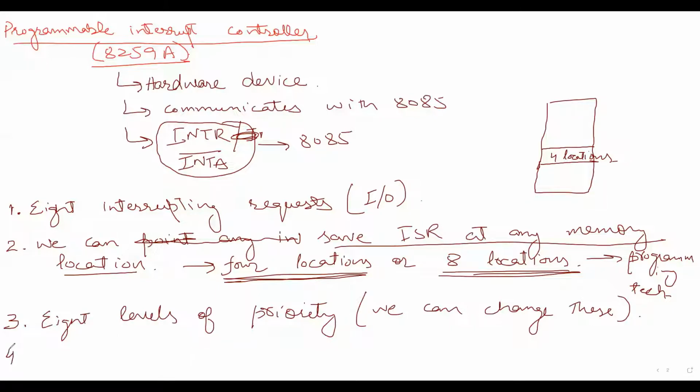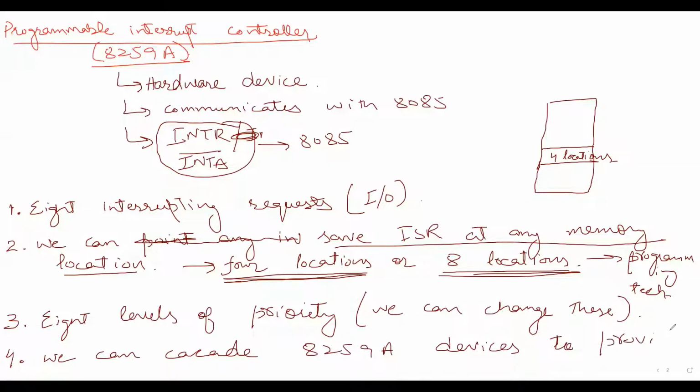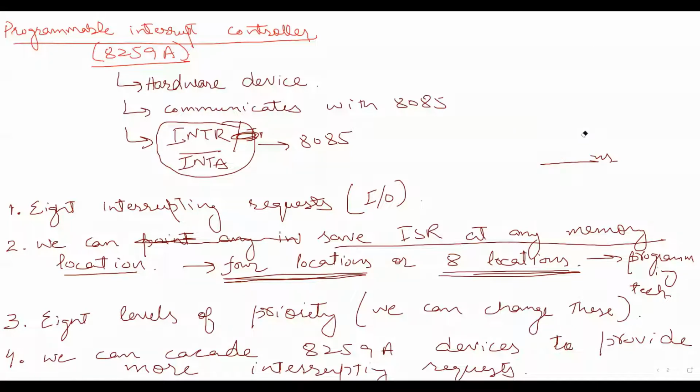The fourth advantage of using the programmable interrupt controller 8259A is that we can cascade 8259A devices to provide more interrupting requests.